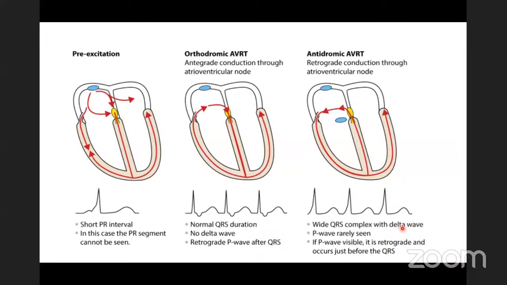P waves are difficult to see. And if a P wave is visible, it's usually retrograde, meaning after the QRS complex or just before the QRS complex. It can happen both ways. So antidromic AVRT is not that common, but it's a differential diagnosis of wide complex arrhythmia.